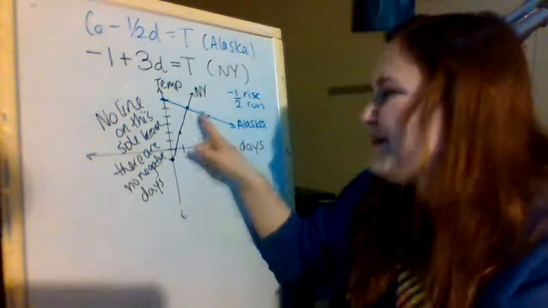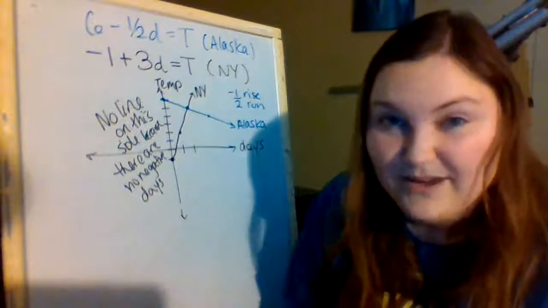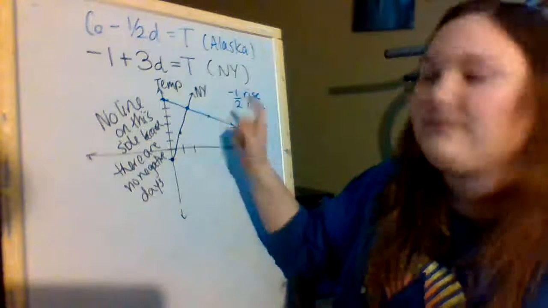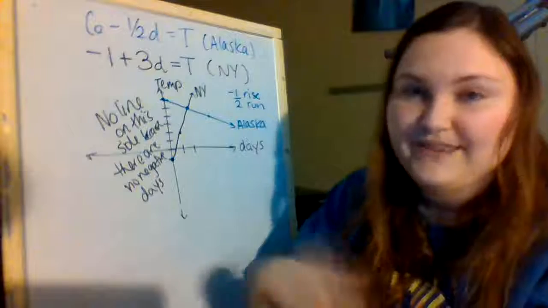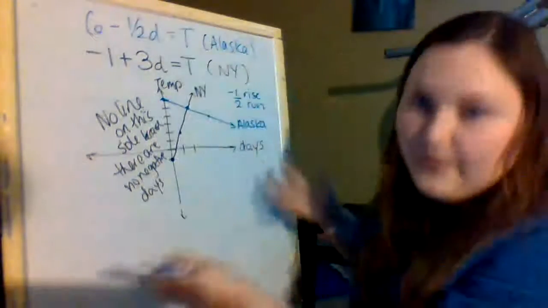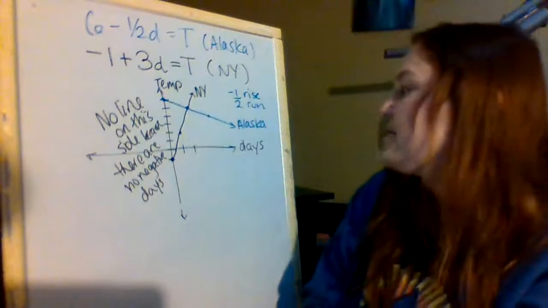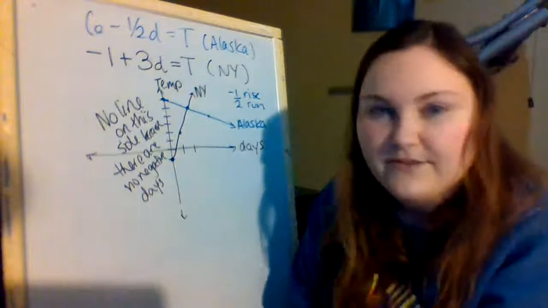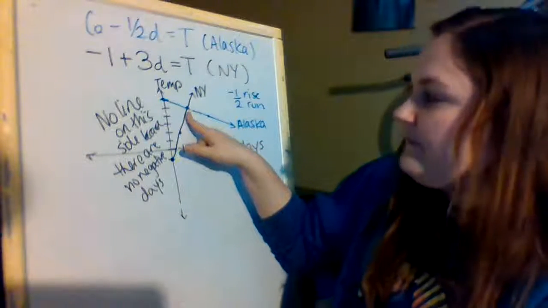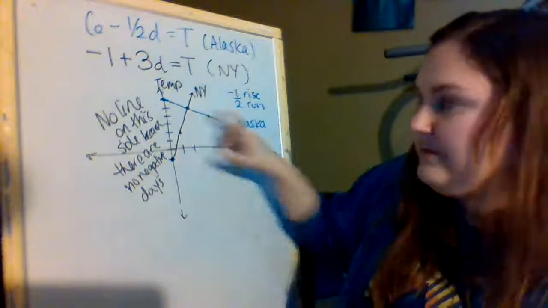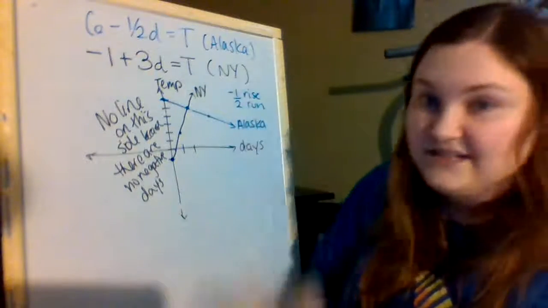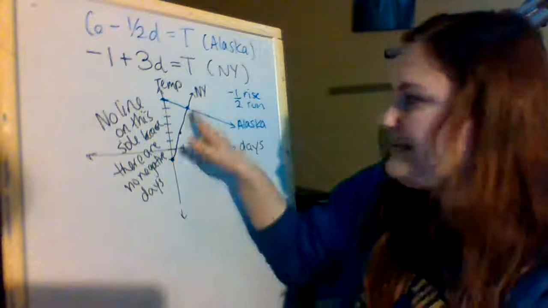Now before, we were just calling that intersection point the solution point, but the solution point didn't have much meaning other than the fact that it was that one point on both lines and that one point that satisfies the equations. All of that is still true, but we've got much more going on now because we're talking about temperature and days and Alaska and New York and all this extra stuff. Think about this point for a moment and what this point is telling you in the context of temperature, days, Alaska, New York, all of that. What does this point here mean?